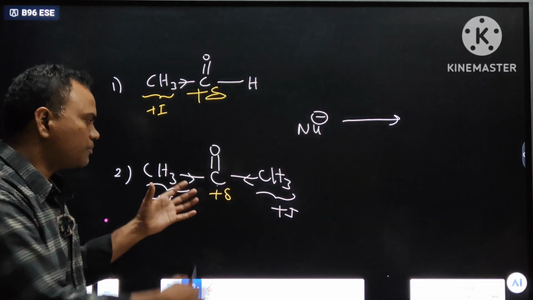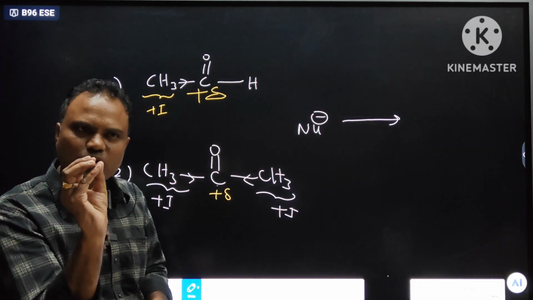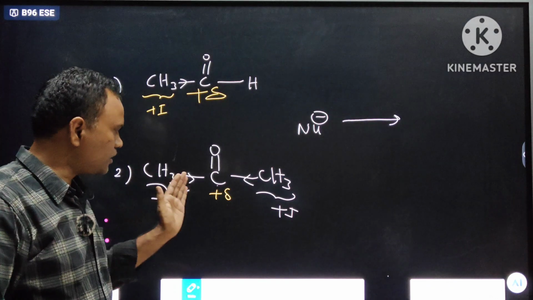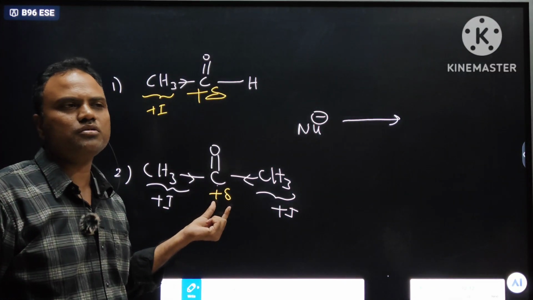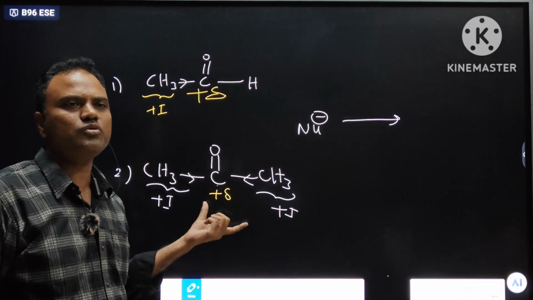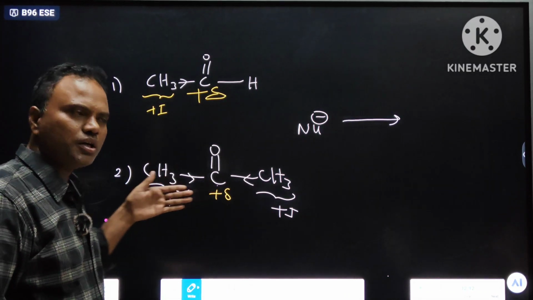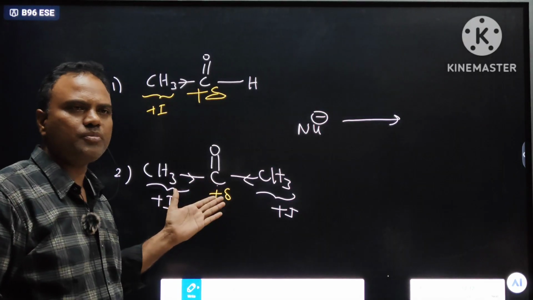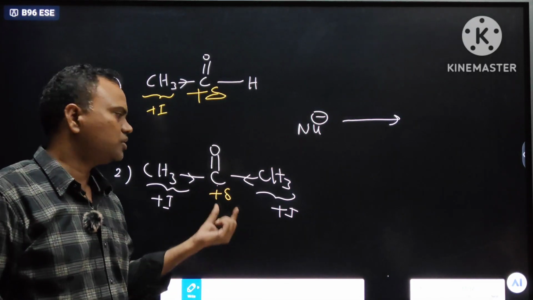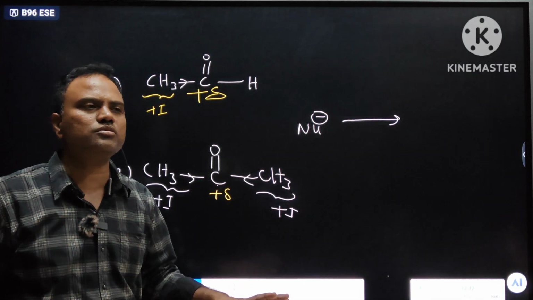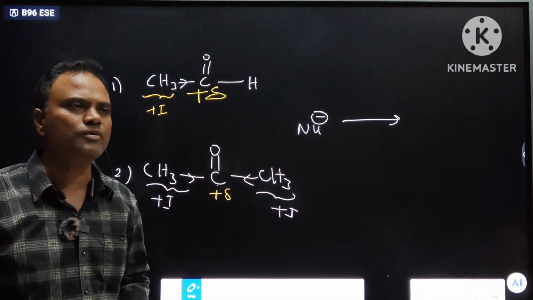So the bigger positive becomes a smaller positive because they are supplying electrons. Electrons coming in means negative charge, and negative with positive means neutralization. So the positive charge is less. So which is generally more reactive between aldehydes and ketones?